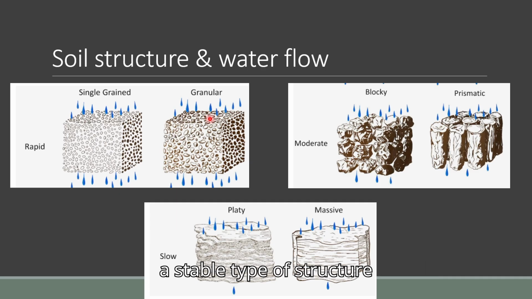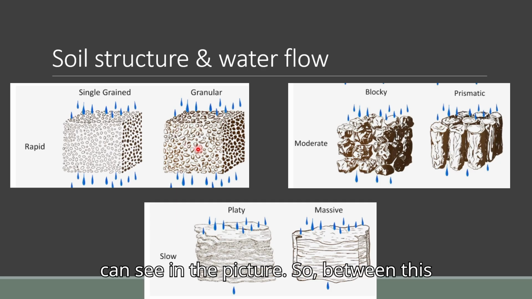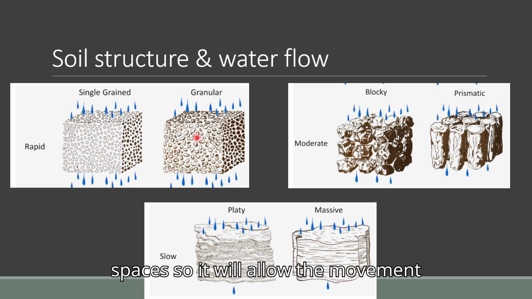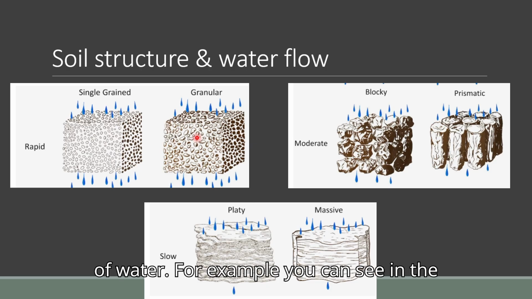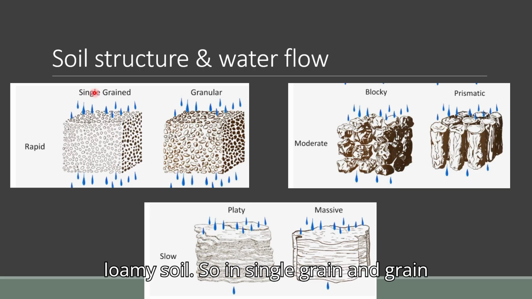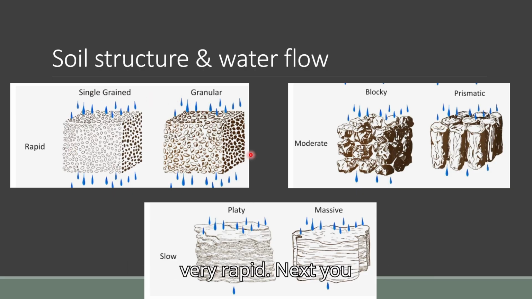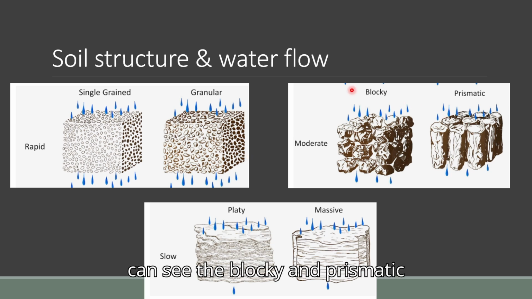Granular structure is a stable type of structure, and it contains rounded aggregates. You can see in the picture, between these rounded particles, there will be so many spaces, so it will allow the movement of water. For example, in loamy soil, so in single grain and granular structure the water movement is very rapid.